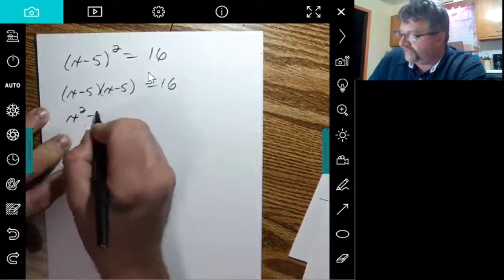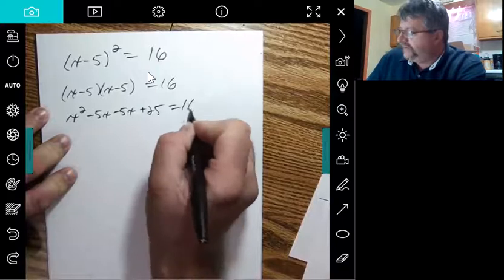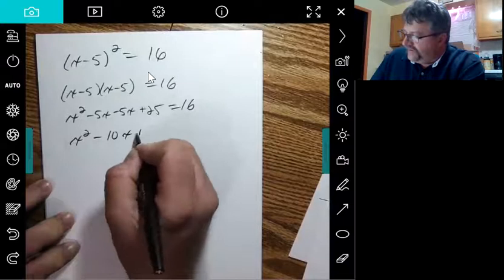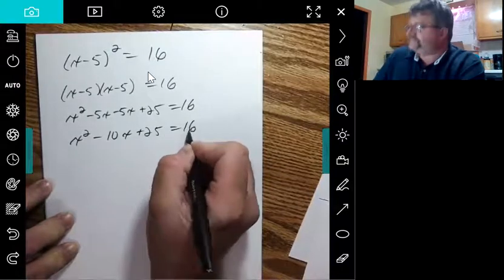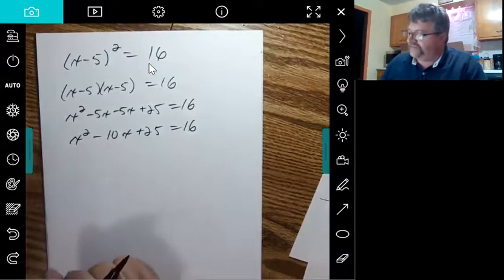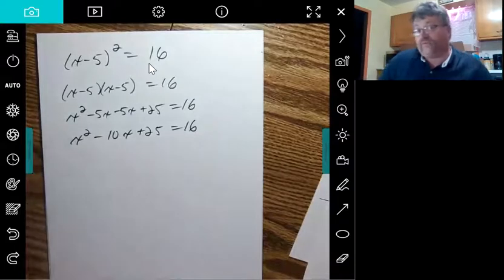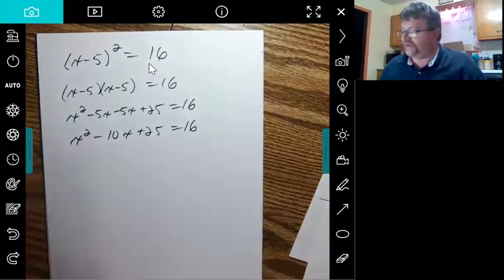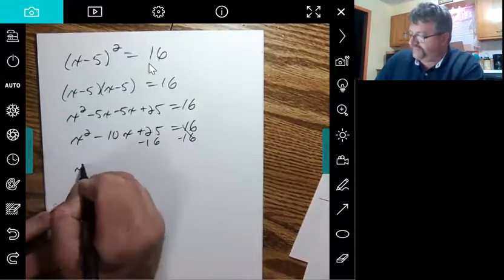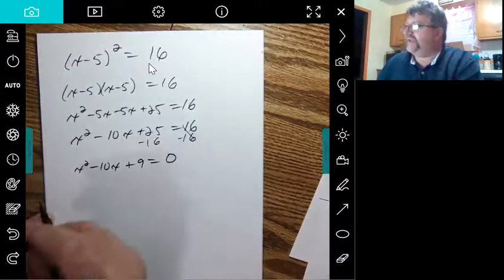We do the first, and then that, and then that. Okay, blah, blah, blah. We combine some like terms. And then we're sitting here. We've got an x squared and an x. So what we'd have to do, when you have a more traditional quadratic equation, is get the 16 over to here and make it equal 0.